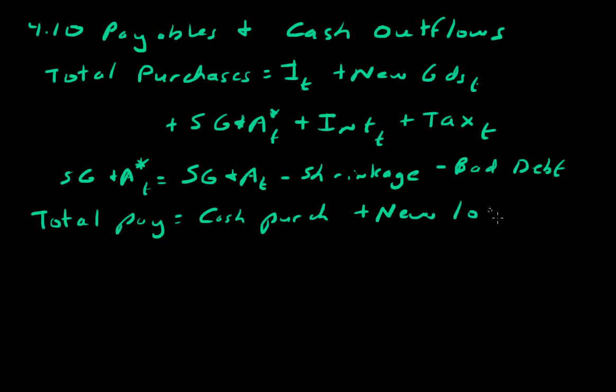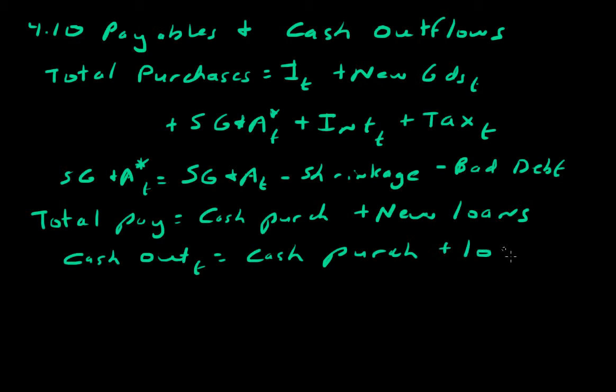And when we think about loans, we're really thinking about any kind of credit that is extended to us. So our actual cash out the door as a firm will equal the cash purchases and any kind of loan payments.